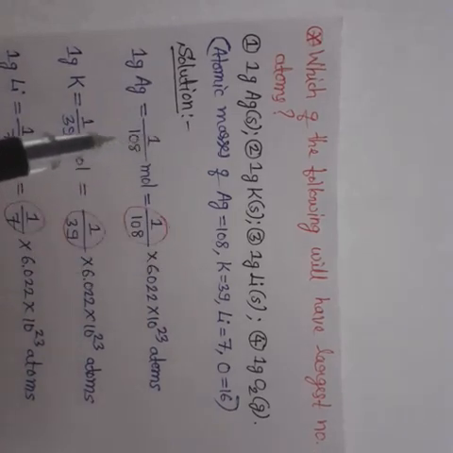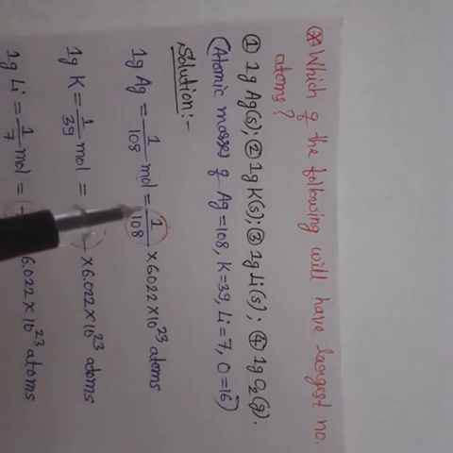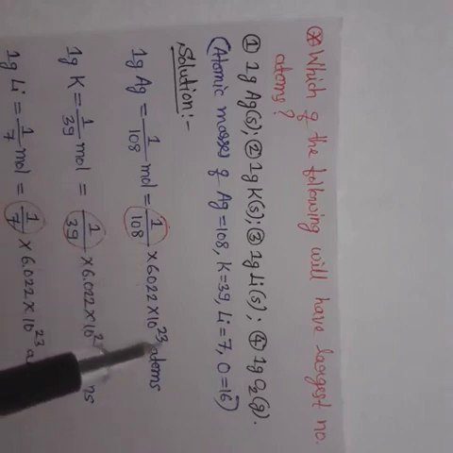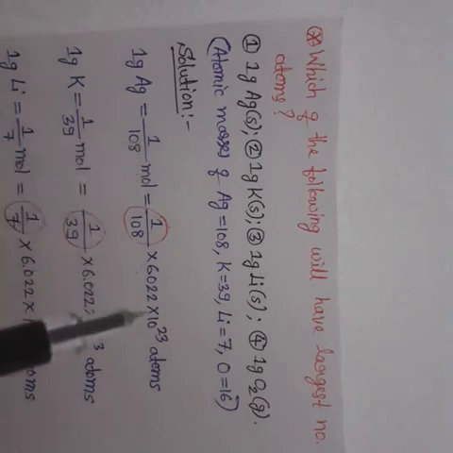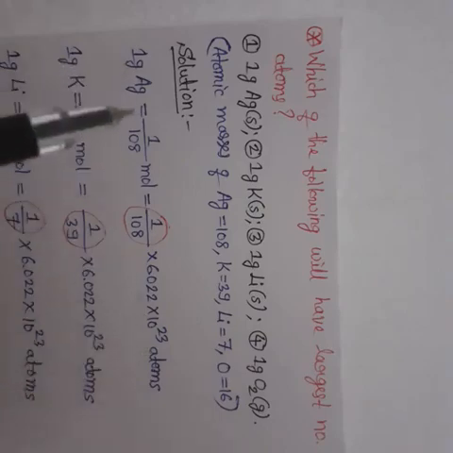That means 1 divided by 108 mole, which is equal to 1 divided by 108 into 6.022 into 10 to the power 23 atoms. If you want to convert moles into atoms, the moles should be multiplied by the Avogadro number. Then we get the number of atoms present in 1 gram of silver.